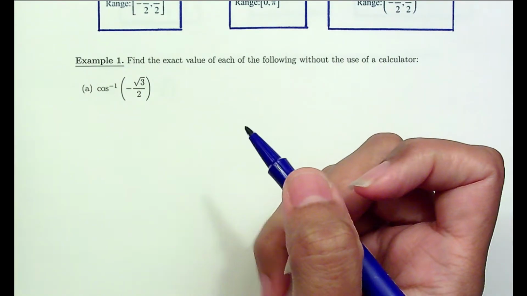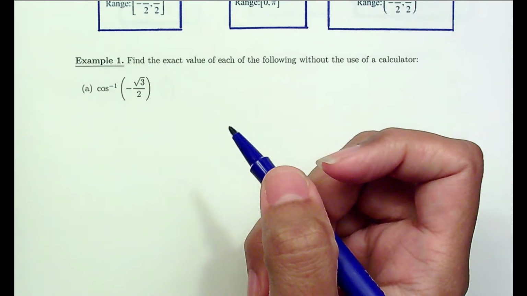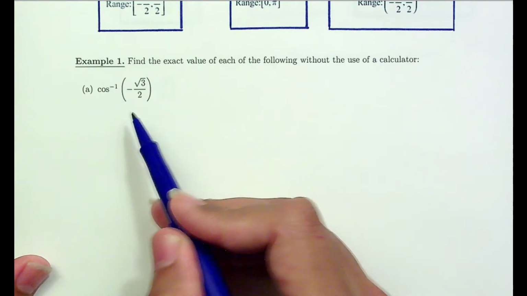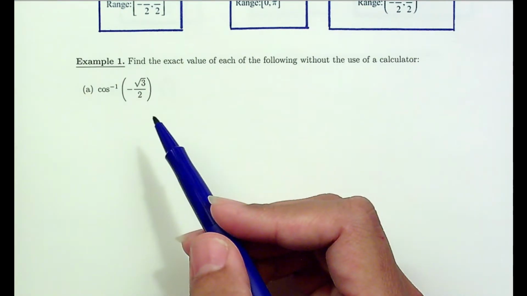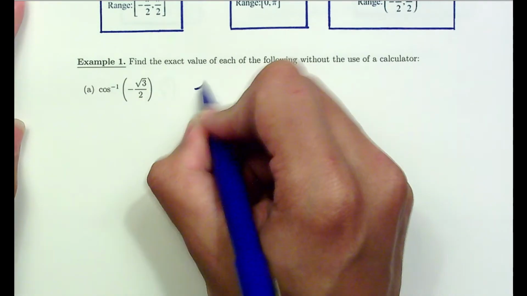It says, figure out what is the cosine inverse of negative square root of 3 over 2. Okay, so we're looking for this. We don't know what it is. It's unknown for us, so let's give it a name.